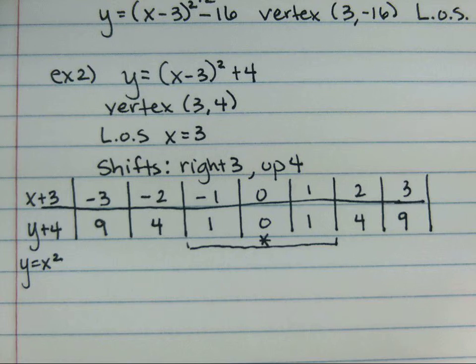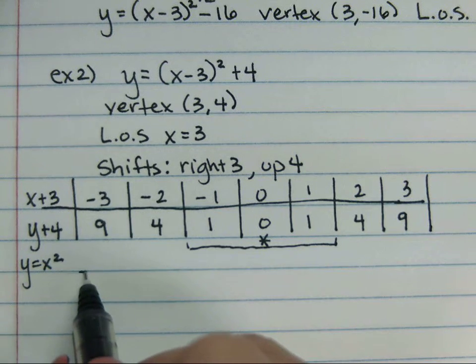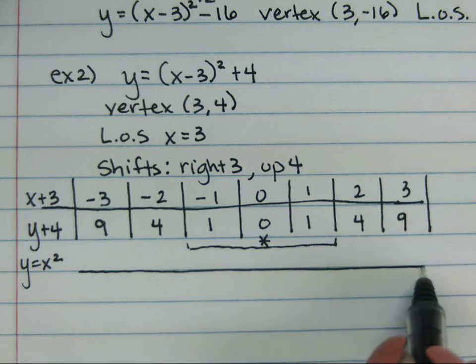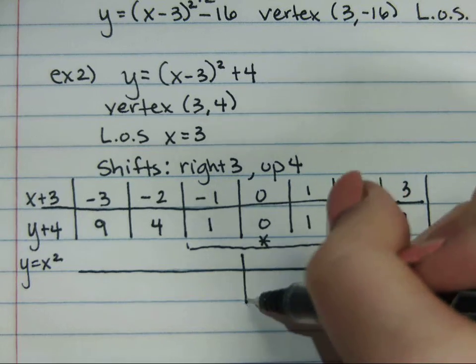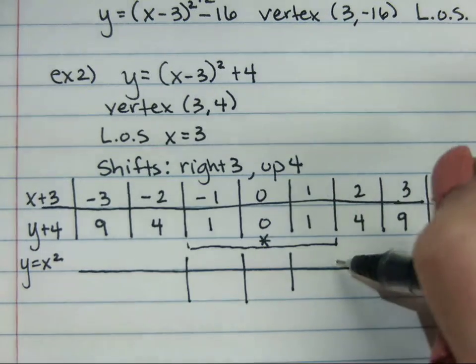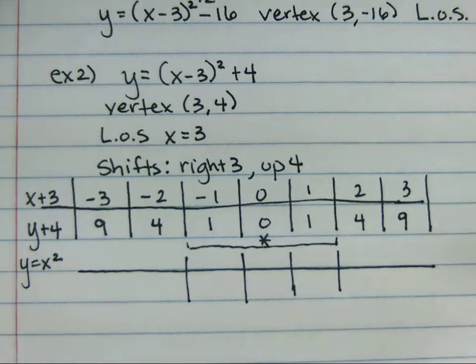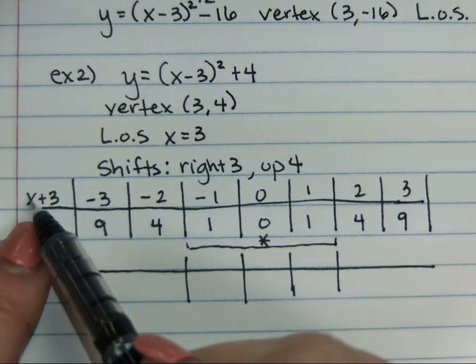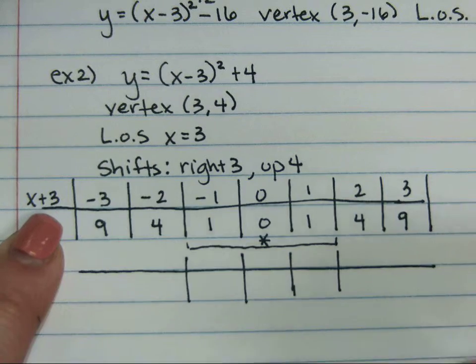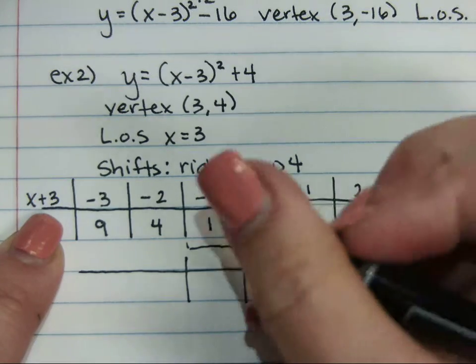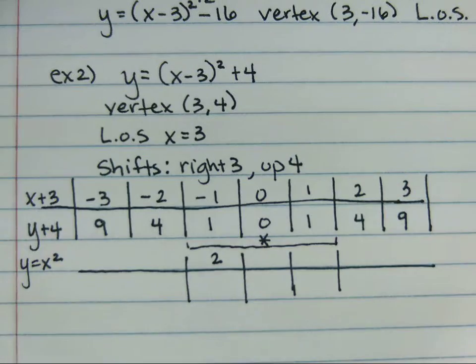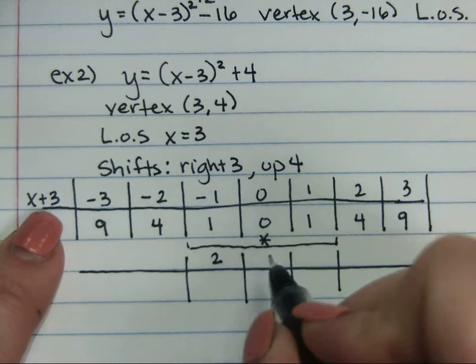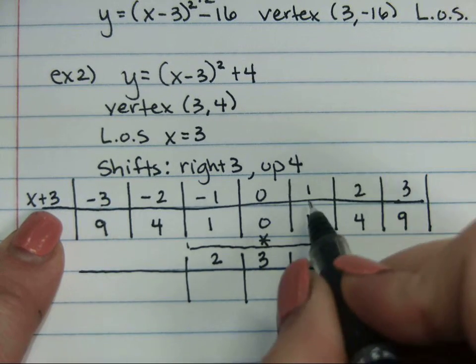And so what I'm going to do is make a new chart down here, so that way I can figure out what those are. I'm going to start with these three. If I just take -1 and substitute in for x, I get -1 plus 3, which is 2. 0 plus 3 is 3, and 1 plus 3 is 4.